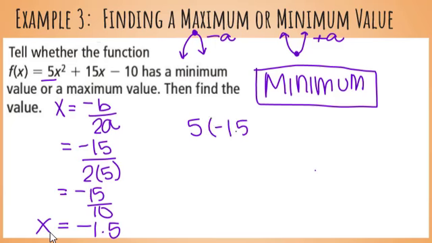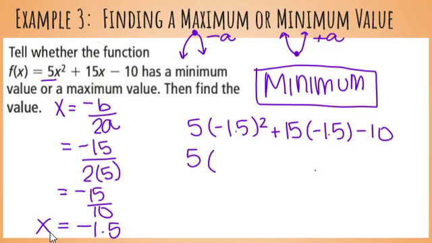So we have 5 times negative 1.5 squared plus 15 times negative 1.5 minus 10. So we're starting with the negative 1.5 squared, and that's going to become positive 2.25.